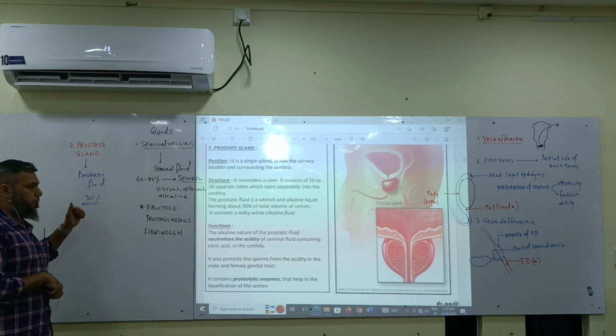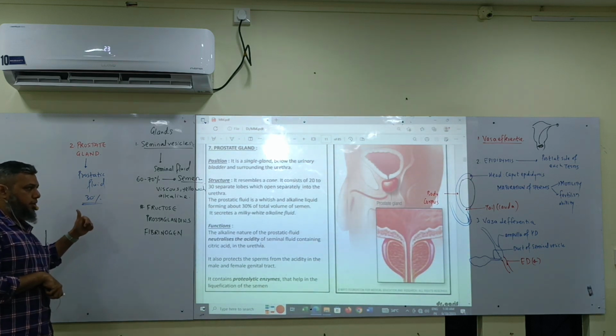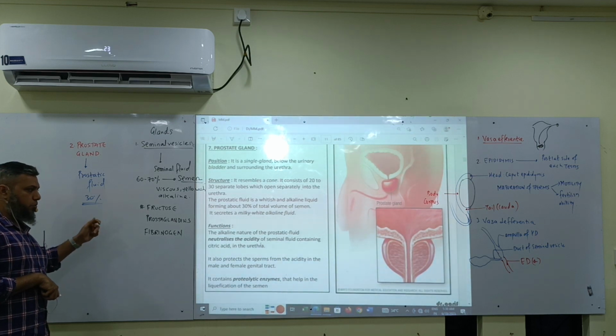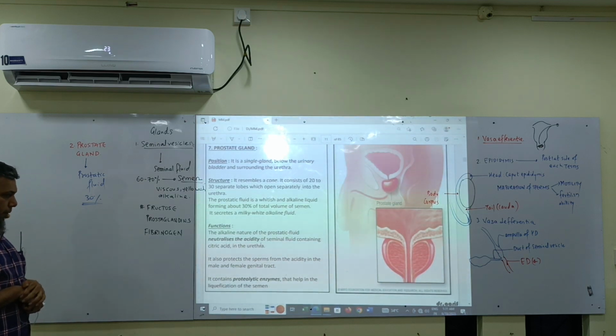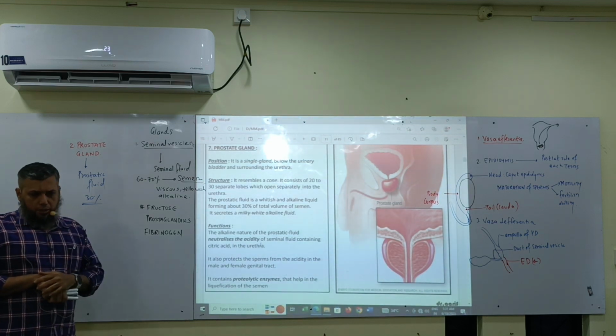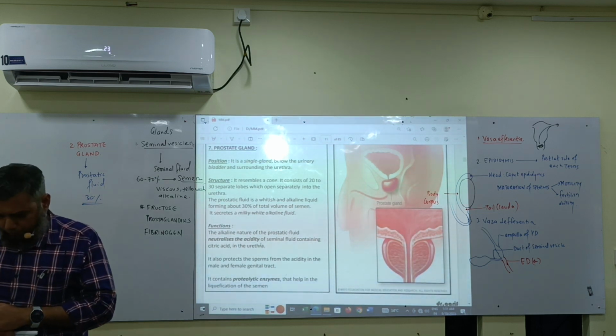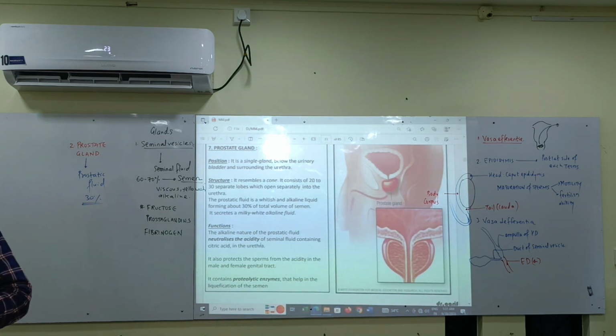It is milky white in color. It is alkaline fluid which helps to neutralize the acidity of the vagina, female reproductive tract. And it also helps in the lubrication of the penis during sexual intercourse.